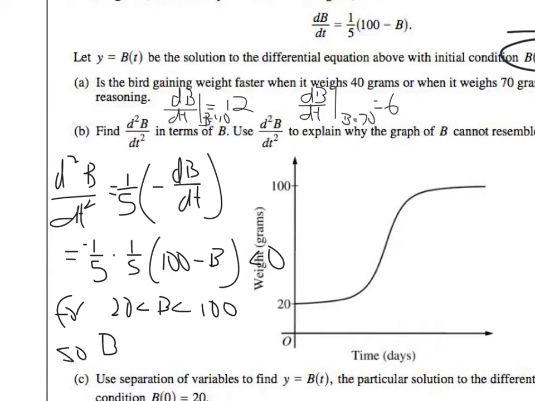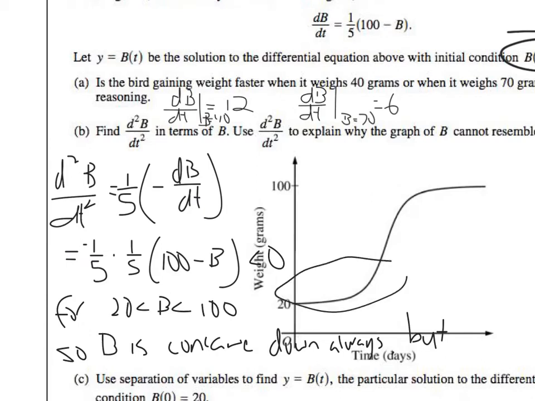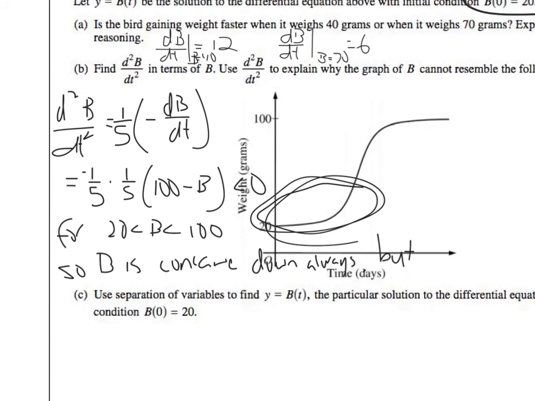So b is concave down, always. But I'm going to run out of room, so I'm going to say it verbally. A portion of this graph, some of this graph, a part of this graph is concave up. So there's where your problem is. So you need to write that down.